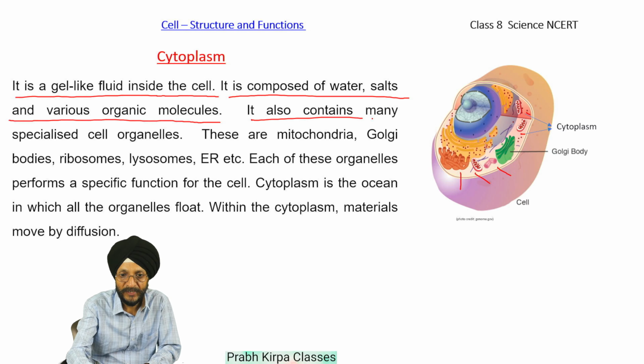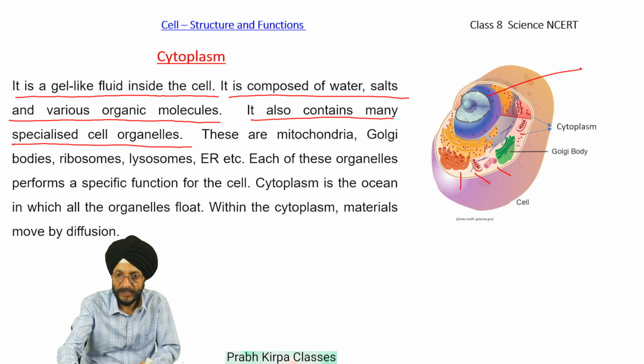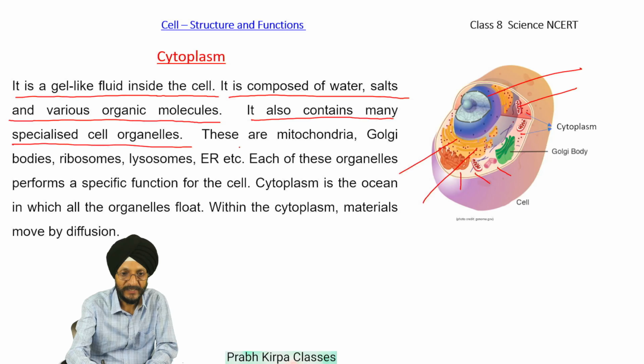Cytoplasm also contains many specialized cell organelles. You can see here that this is the nucleus, this is mitochondria, this is the endoplasmic reticulum, this is Golgi bodies. Here you can see ribosomes and other organelles.